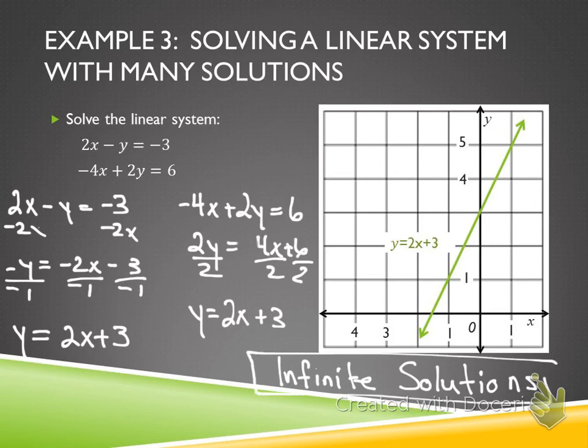Basically, any point on this line, any point. I mean, you can just start plotting points. Here, here, here. These are two lines that lie on top of each other. So there are literally an infinite number of solutions because you pick any point on this line and they both share that point, correct? Okay, so that's just basically a roundabout way of saying there are infinite solutions.